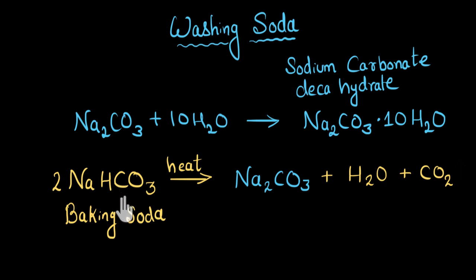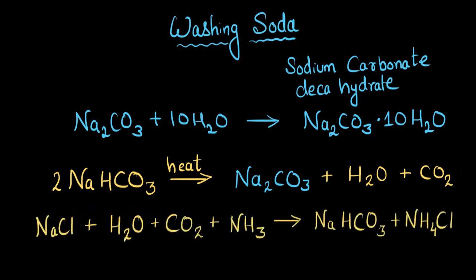So yes, the three reactants are NaCl, water and carbon dioxide. But there was a fourth reactant also, which I generally forget, and that is ammonia, NH3. So the reactants will be NaCl plus H2O plus CO2 plus NH3. All of these four will react to give me baking soda, and NH4Cl will be formed.